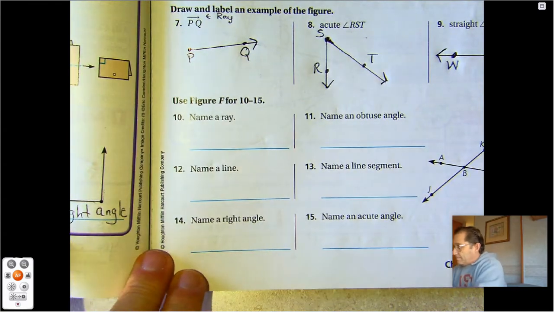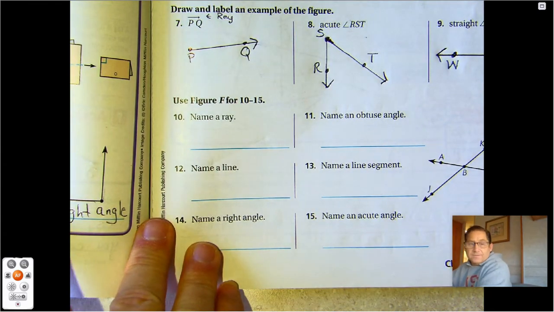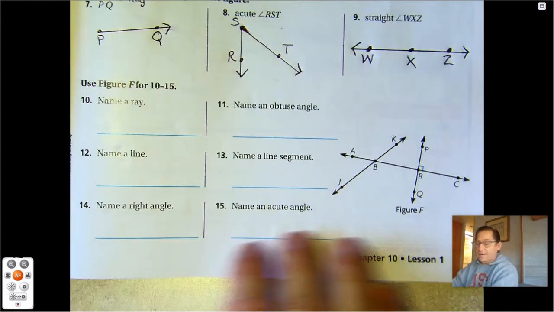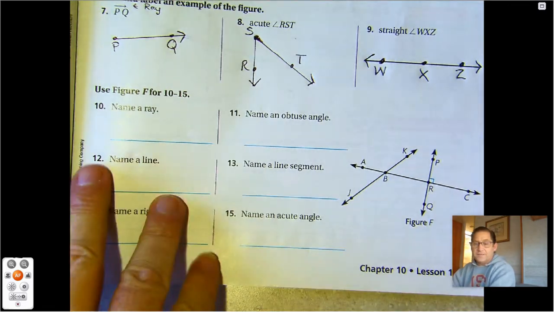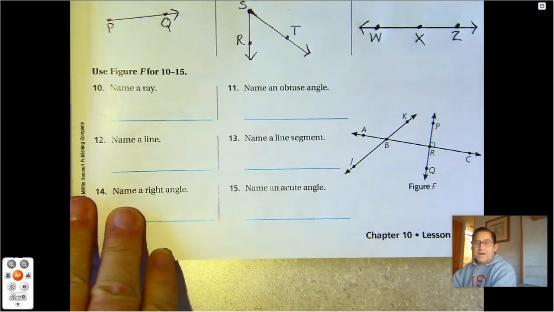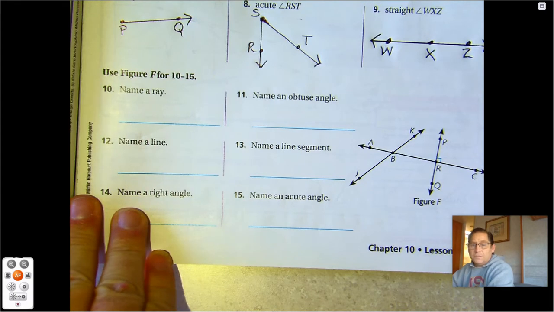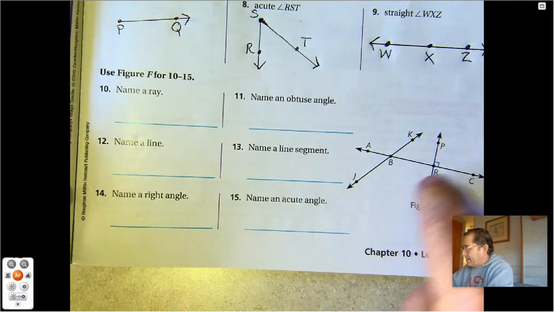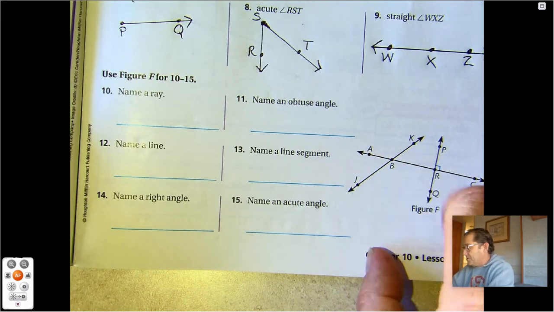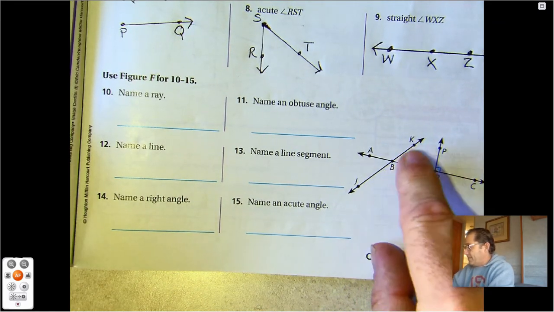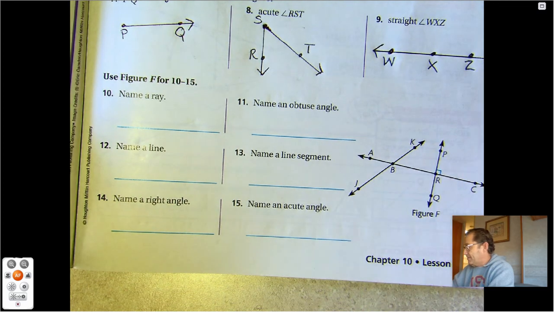Use figure F for numbers 10 through 15. All right, so we have this figure, and we have to find a ray on this page. Well, there's lots of possibilities. Like right here, I see 3 rays I could use. I could say BJ, BA, BK.